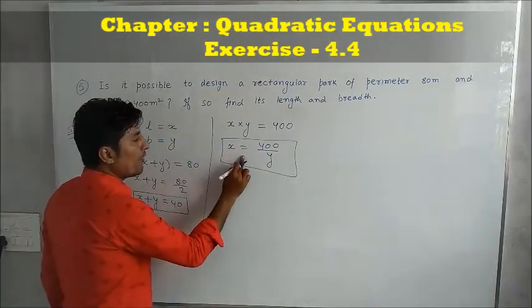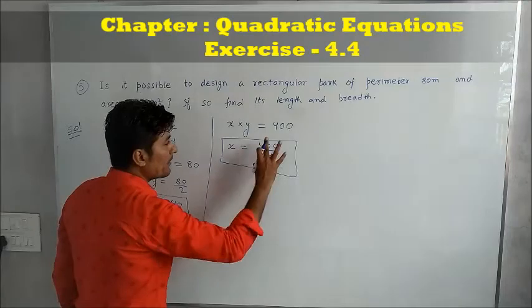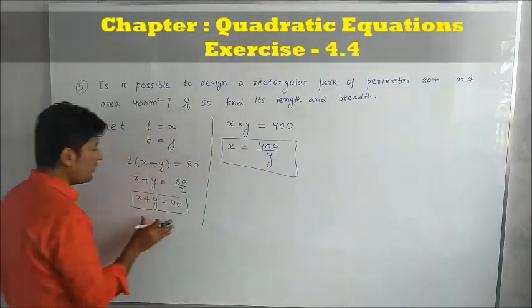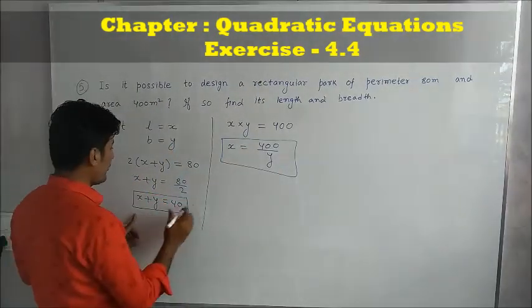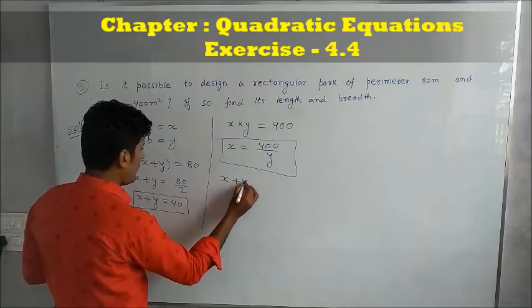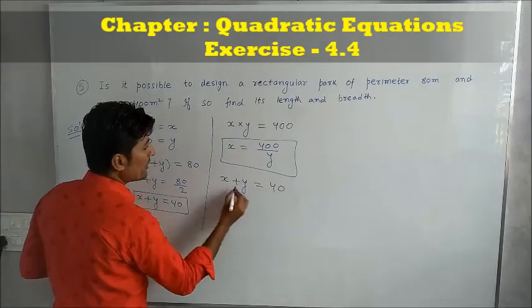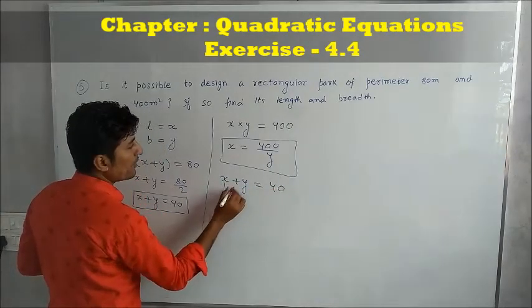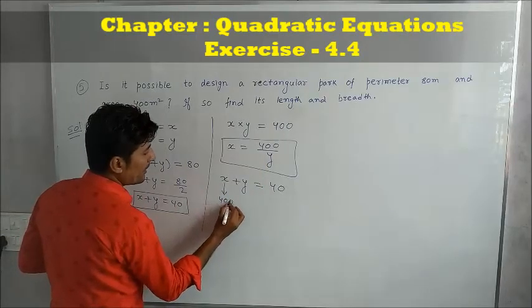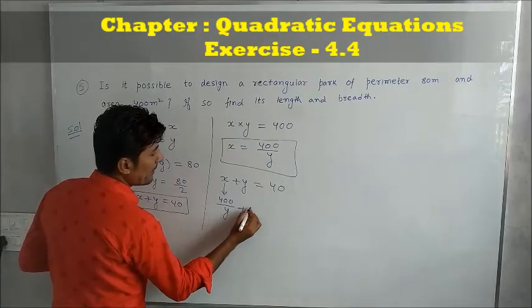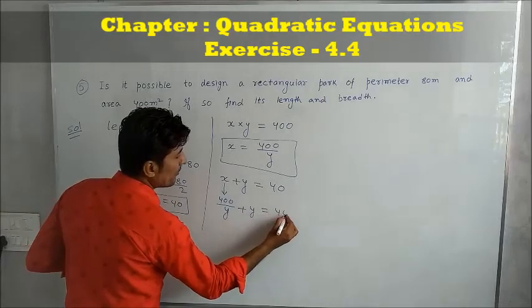Now after getting x equals 400 upon y, we have to put this value in this equation. So the equation is x plus y equals 40. In place of x we are going to place 400 upon y, plus y equals 40.